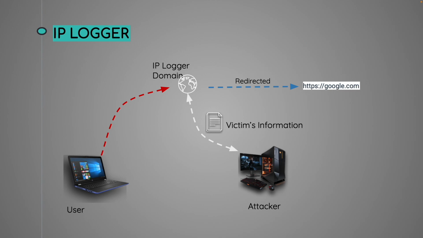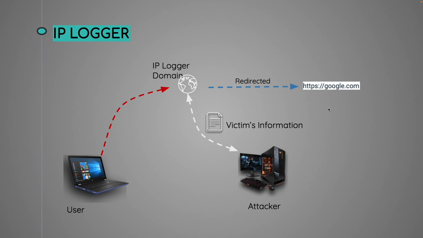After that, the user will be automatically redirected to the original authentic website, which is in this case google.com. Now all of this is automated and will happen within milliseconds, so the user will most likely not notice what is happening in the background.